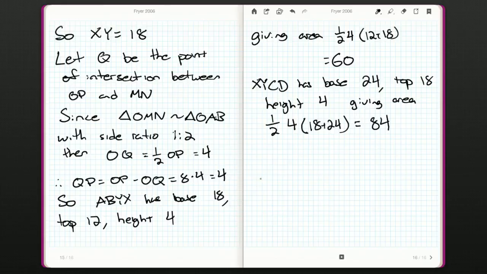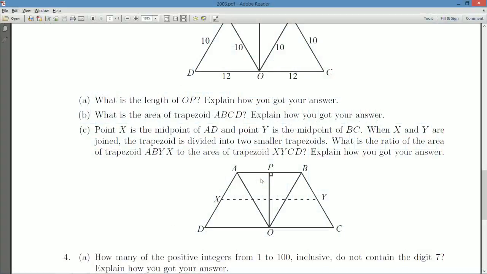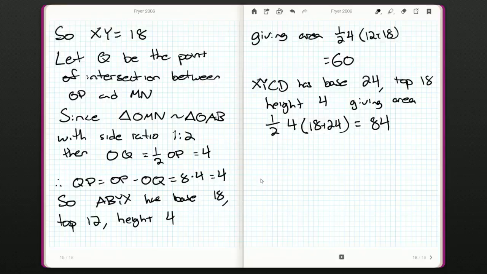Now, I believe we were asked for the ratio or the fraction of these two. What's the ratio of the area of trapezoid ABYX to the area of trapezoid XYCD? ABYX to XYCD.